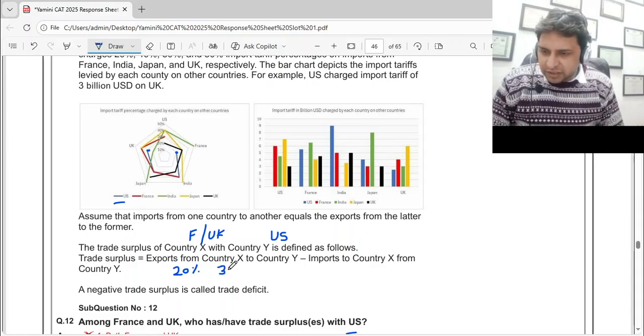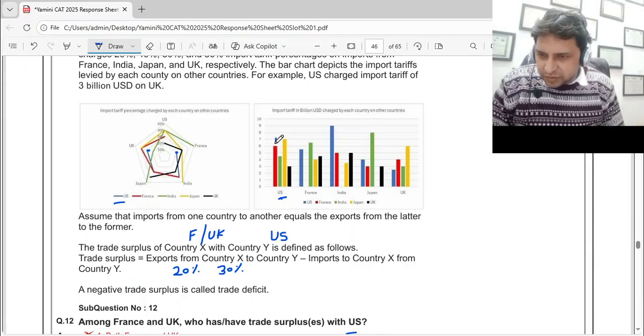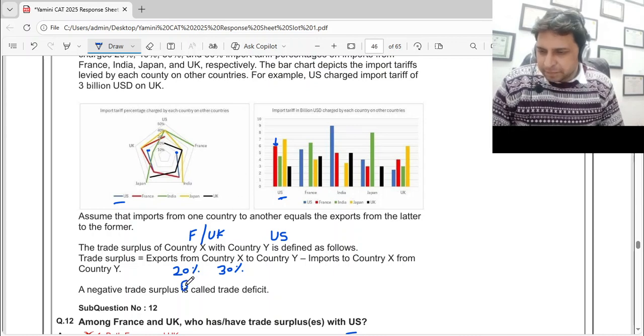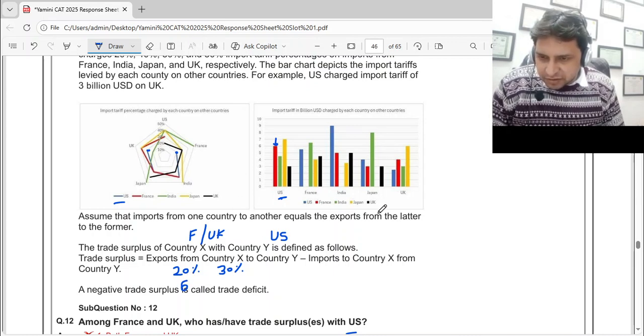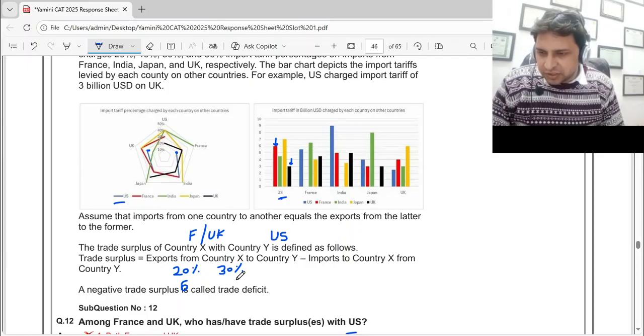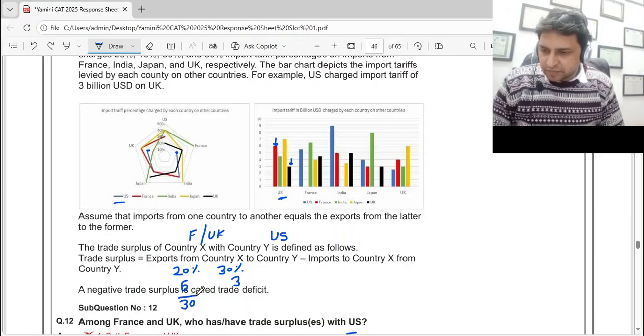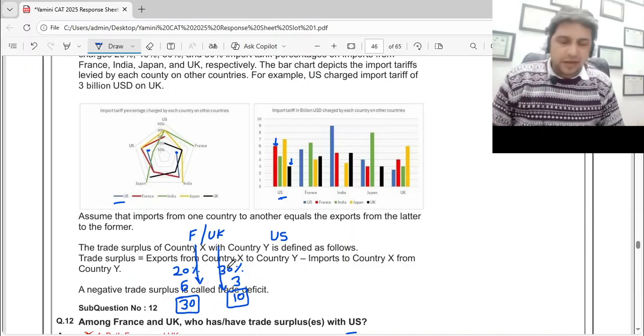From UK, they are having 30%. Now US, from France, 20% means 6, 30% UK, that means 3. So this is 6 into 5, 30 for France. I mean the export, and for UK it is 10. So we are writing France at the left hand side, we are writing UK at the right hand side. So we'll subtract after that.